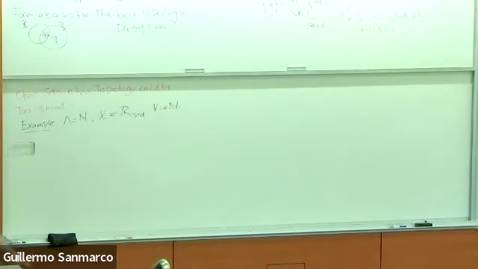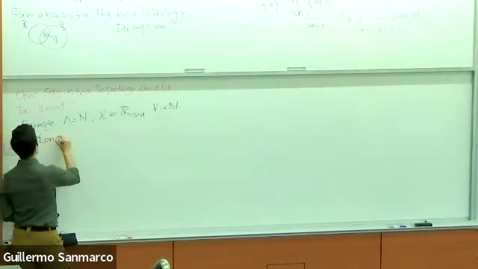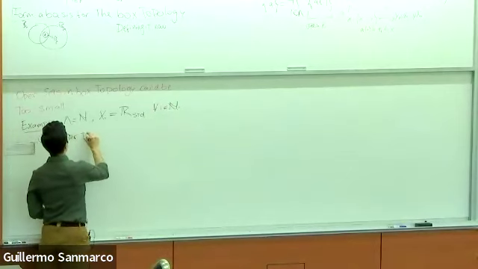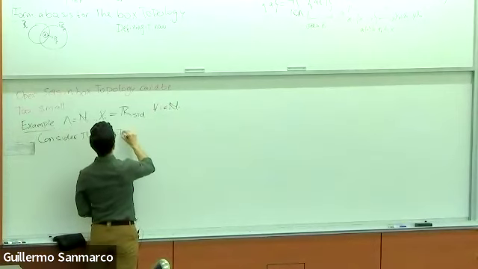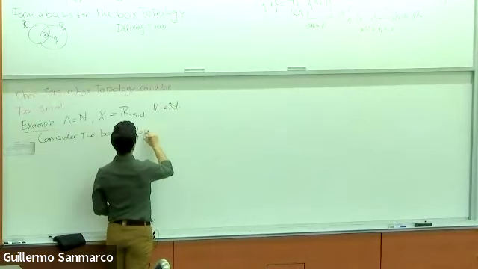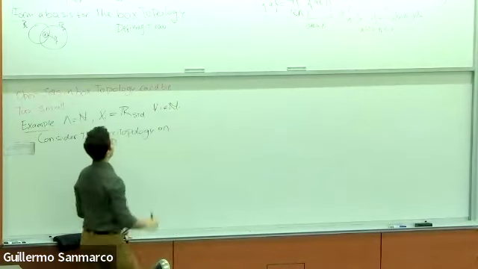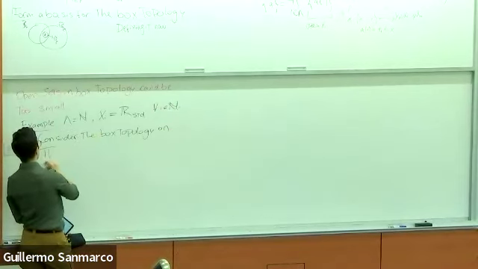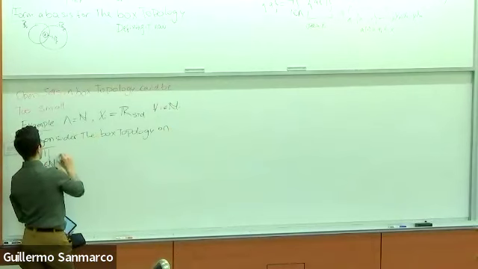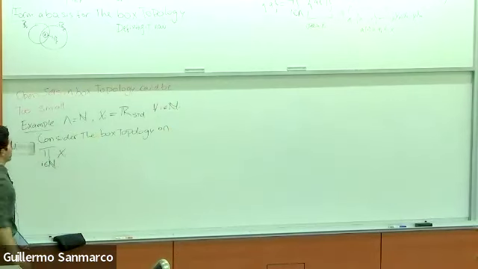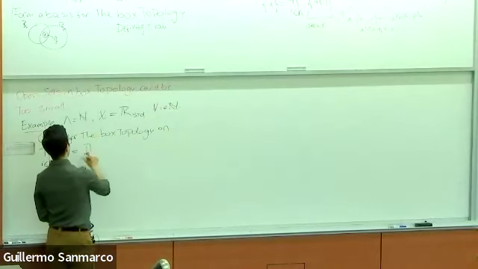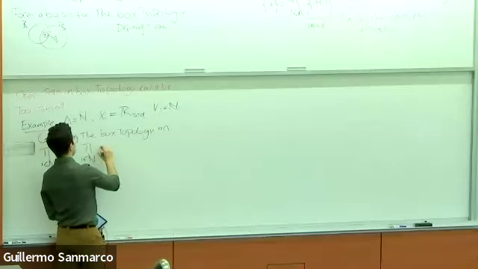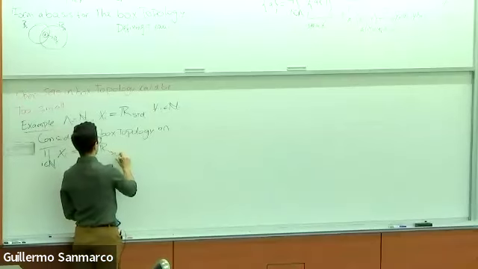And now I want to consider the box topology. By the way, let me write this. Consider the box topology on the product over i in N of Xi. So this is the product over i in N of always the reals.